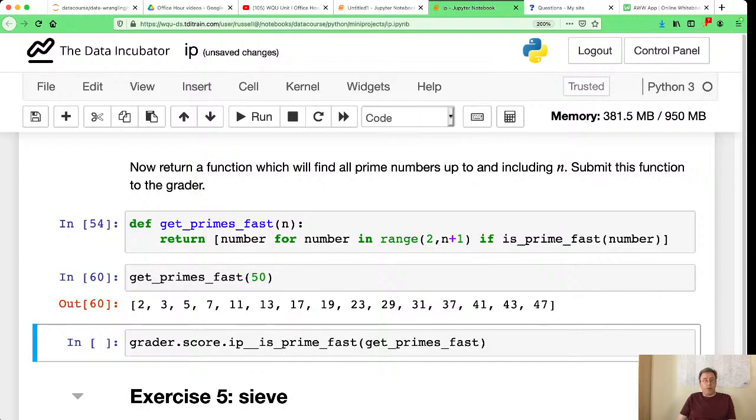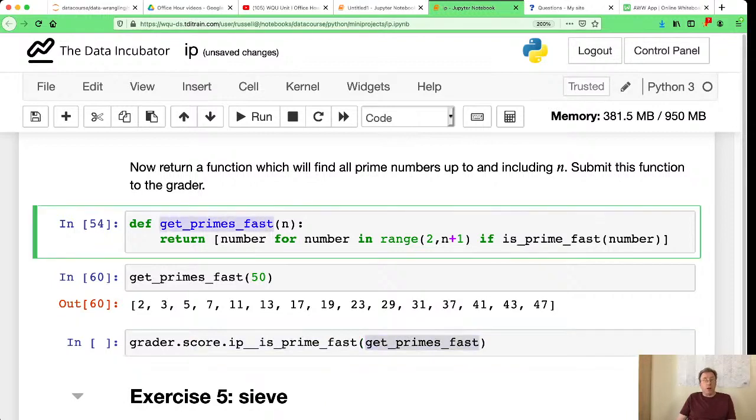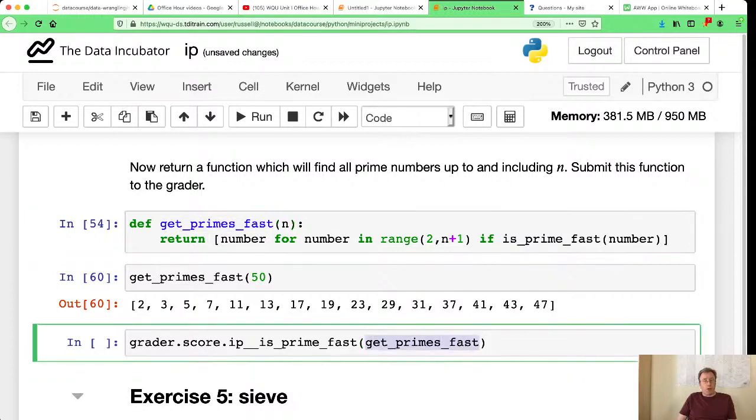So my get primes fast function is being tested here. Right, we write a function which takes a parameter. We give the name of this function to the grader. The grader runs our function on some test cases and checks if our function gives the correct result on all of those test cases.